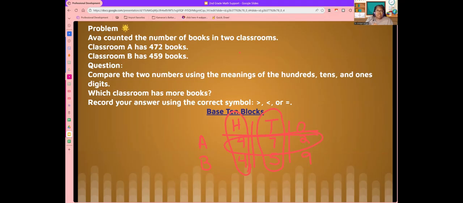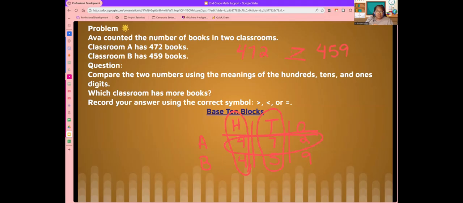So if we were doing 472 blank 459, we know that 472 is greater than 459. When the opening is facing that number, that's the greater number.